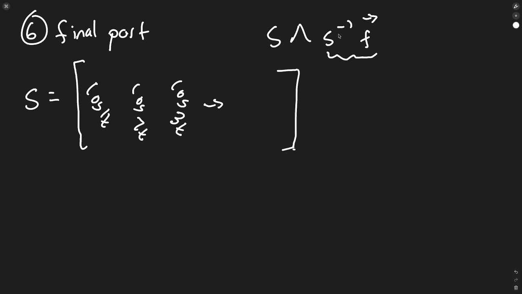And remember in the finite dimensional case, to calculate S inverse, all we had to do was use Gauss-Jordan elimination or something, or compute the inverse. But now we have infinite dimensions, right? So how do we calculate the inverse of S if we have infinite dimensions and these are functions?